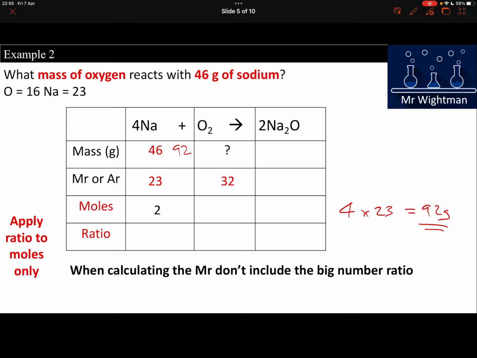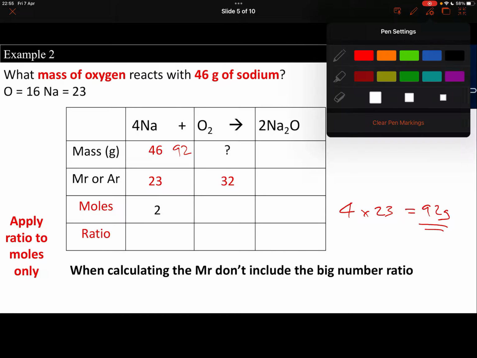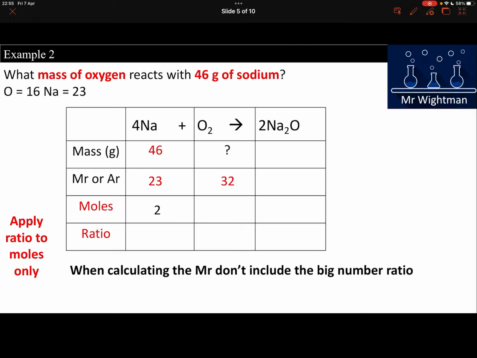I've only got 46, which is why I haven't times the molar mass by 4, because it doesn't make sense. I've only got 2 moles of sodium. So don't times the MR by the big number. There are other methods in which you do. In this method I am working in moles, and so do not do that.